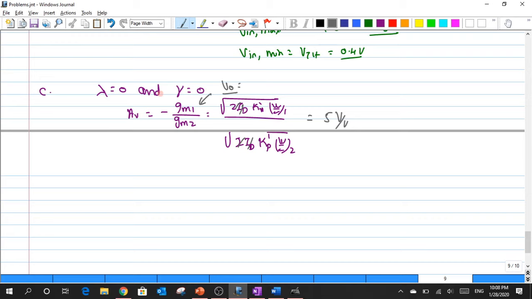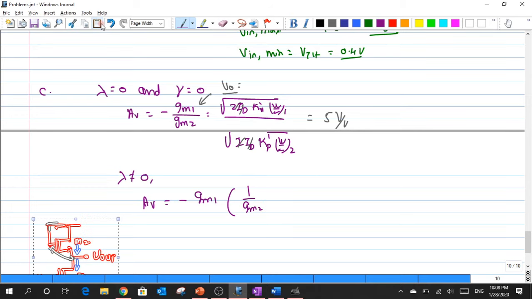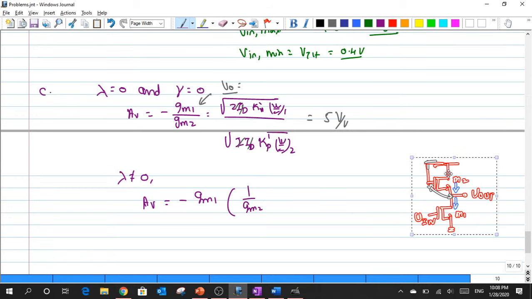The moment I consider that lambda is not equal to 0, my entire gain expression gets modified as gm1 into Rout, where Rout is the parallel combination of the impedances.